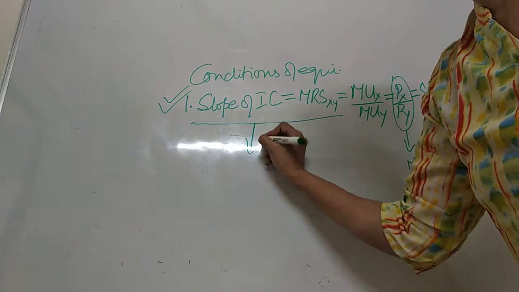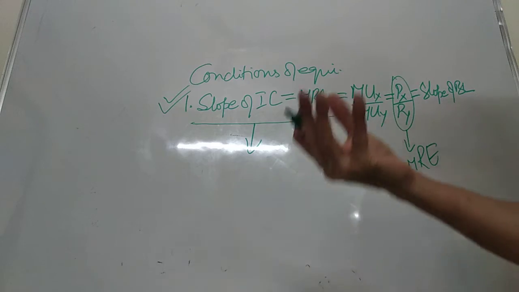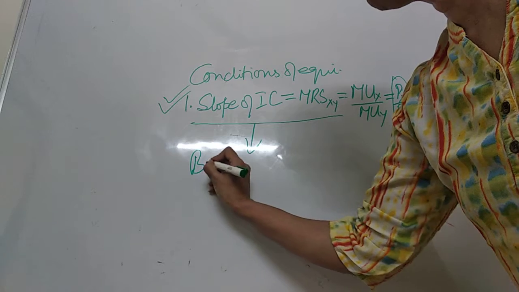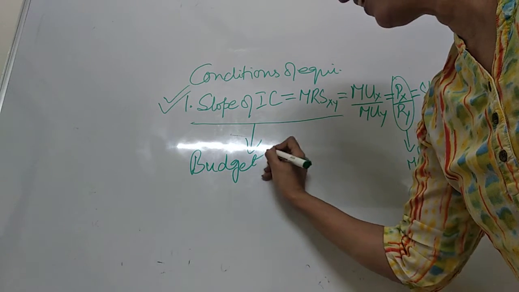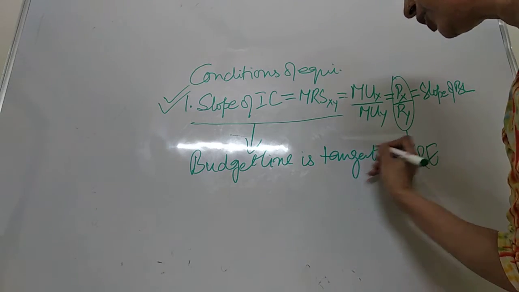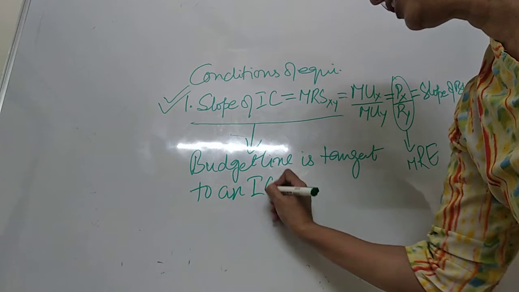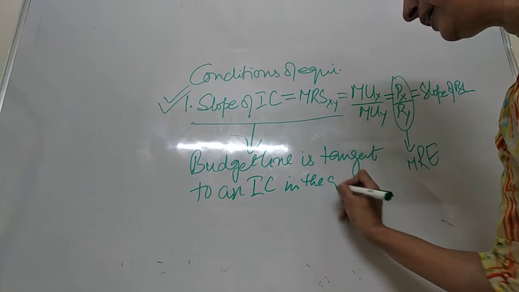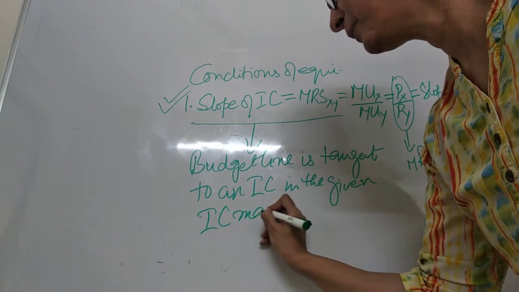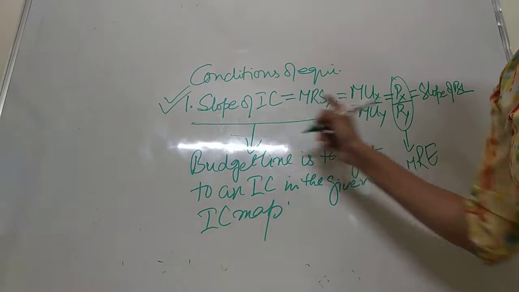So the first condition can also be translated as: the first condition of equilibrium is where the budget line is tangent to an IC, an indifference curve in the given IC map, right? So this is what this particular condition means.